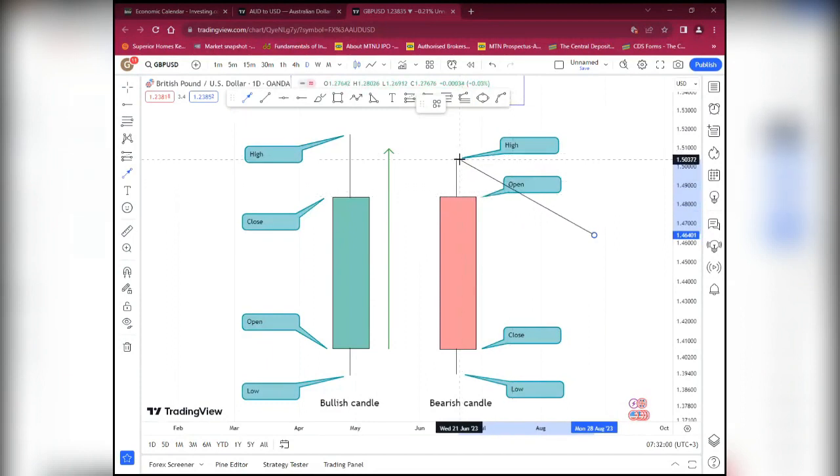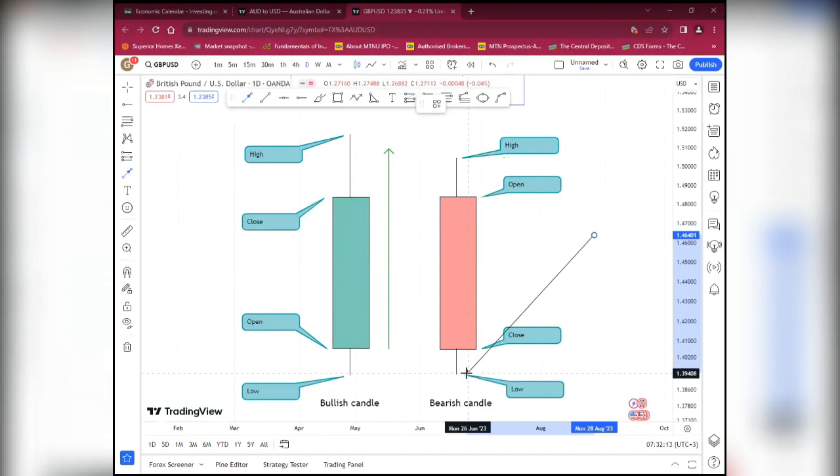So these are the highest prices experienced this time, 1.5047 and 4 pipettes. These are the lowest prices down here, which were 1.39408, and these are the closing prices right here.